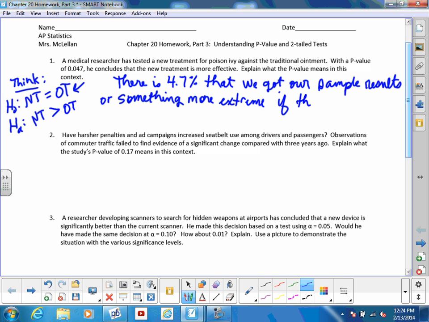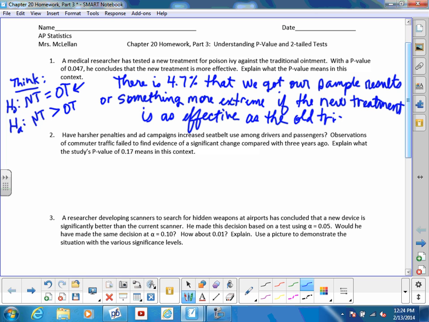If the new treatment is as effective as the old treatment. Yeah, I guess it's the effect that it's doing. So that's a noun. Okay, very good.